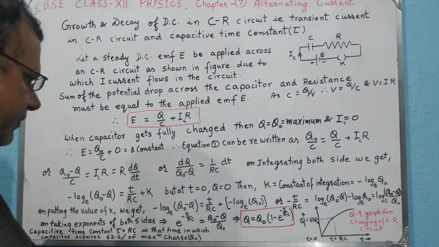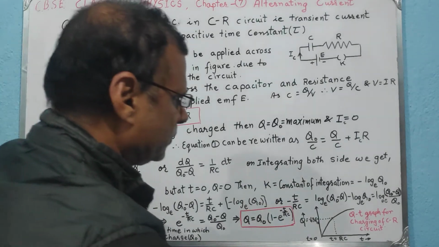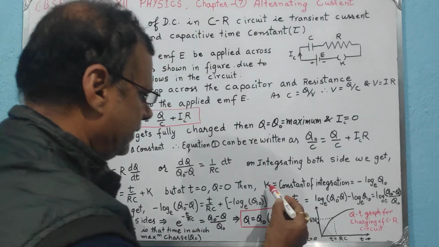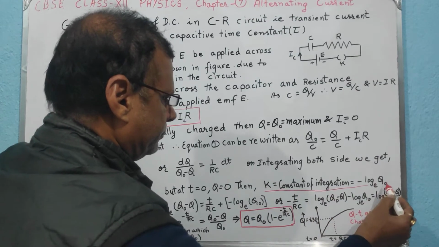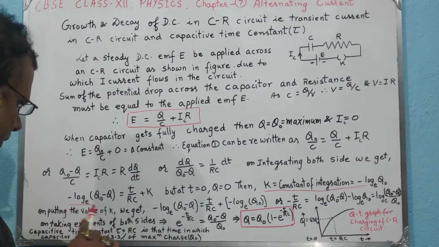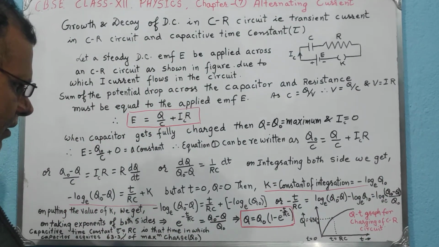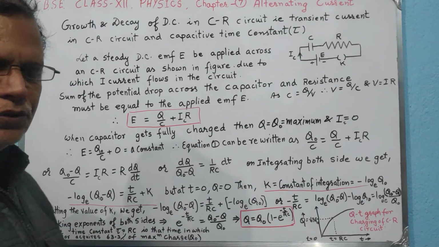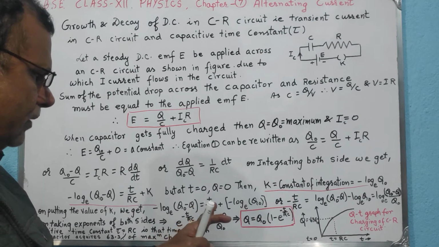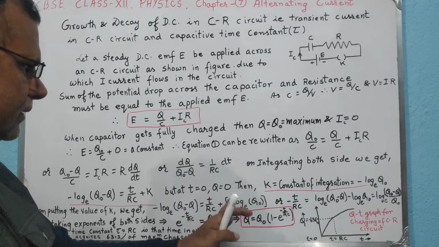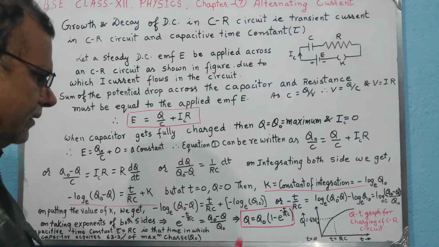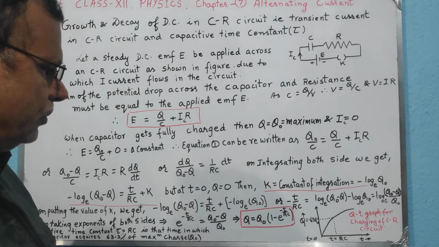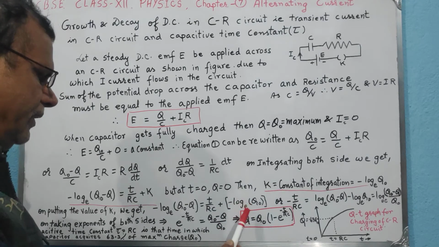On putting this value of k in the equation, we get minus log Q0 minus Q to the base e equal to t by RC plus the value of k, that is minus log Q0 to the base e.